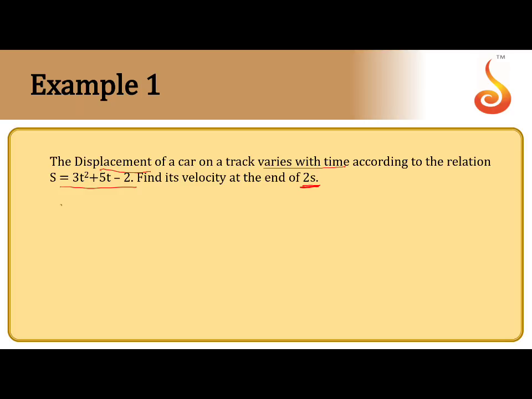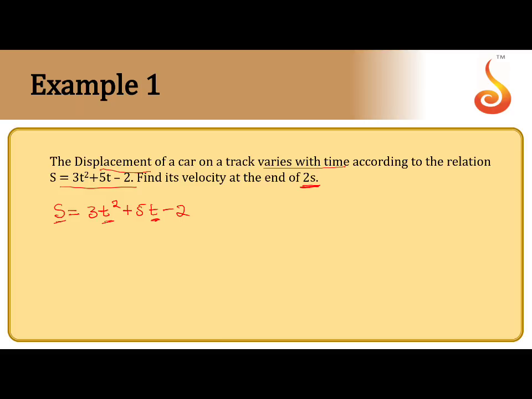Step number 1, the given equation for displacement is 3t square plus 5t minus 2. After choosing this equation, you need to identify which is the dependent variable, which is the independent variable. As t changes, the displacement will change.